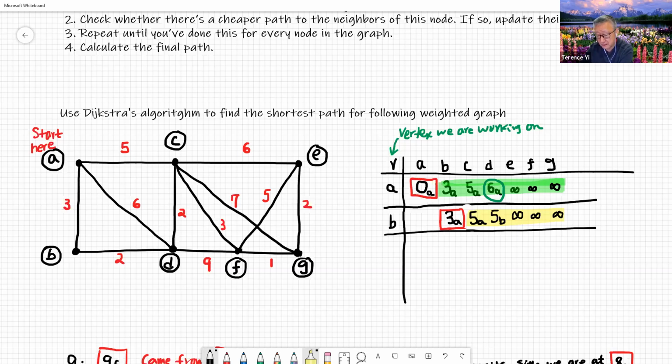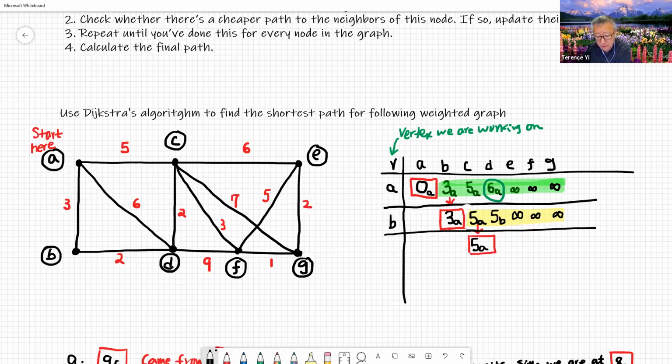That means we are now going to work on the vertex C. So I'm going to bring this down here, and indicate that this came down here. We're going to put 5A here, then put the box here. Then this vertex is finished.